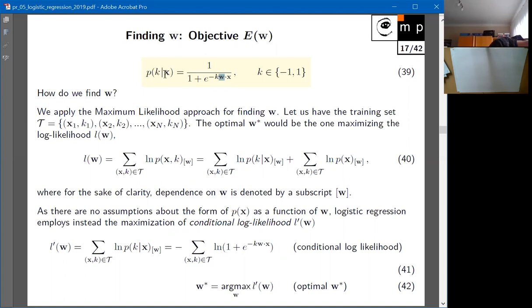If p_k given x is greater than 1/2, that's the class. Well, if k is plus 1, we calculate 1 over 1 plus e to minus w·x. And if that is greater than 1/2, it's class 1, else it's class 2. So the only thing which is left is how to find the w.